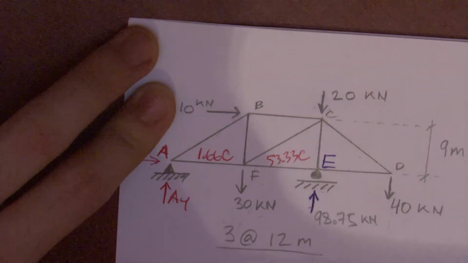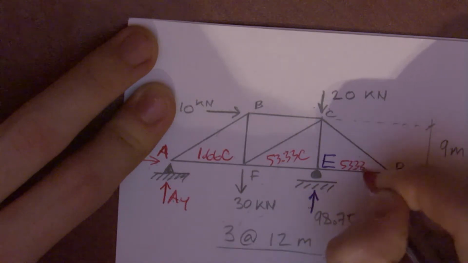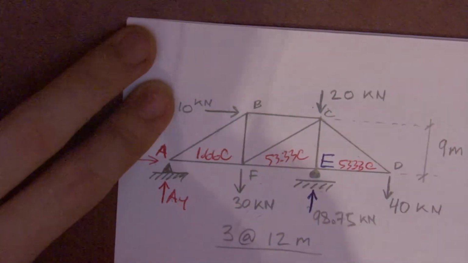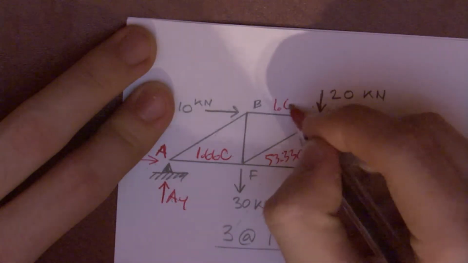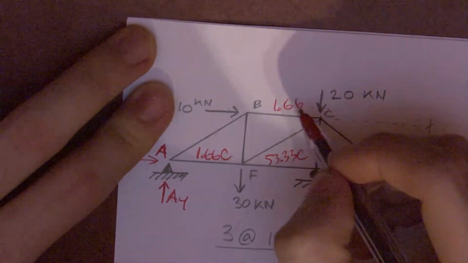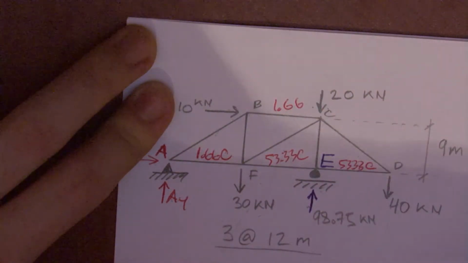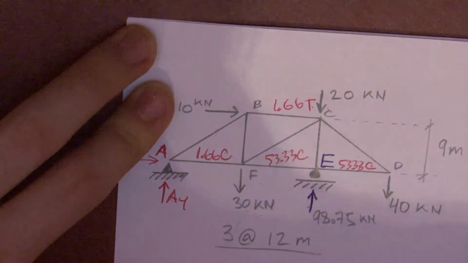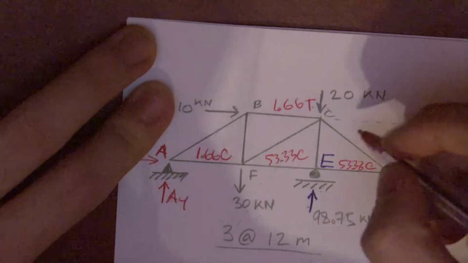Here we have 53.33, same number. That's also compression. At the top we have 1.66. That is pulling away, so that is tension. Here it is pulling away, yeah.